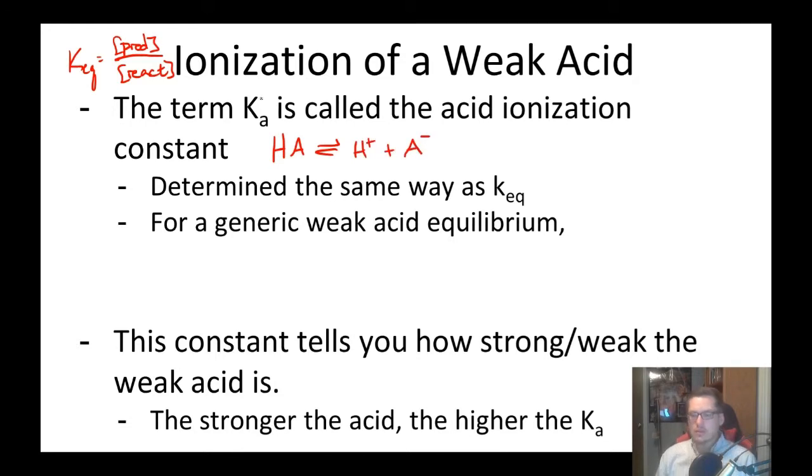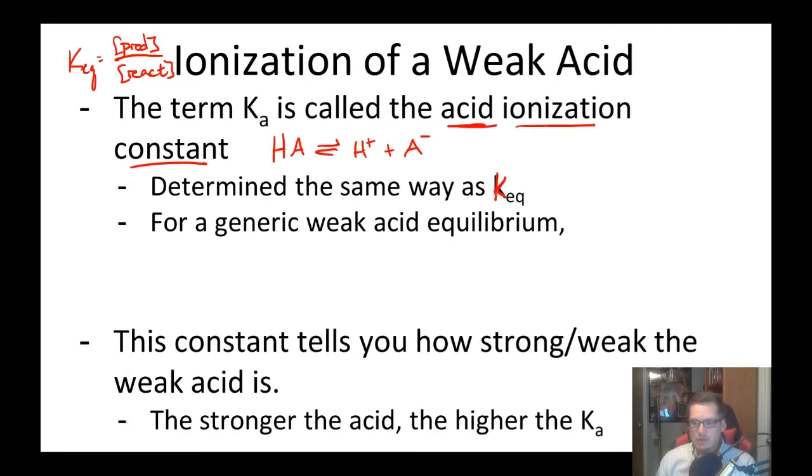Because it's for the dissociation or ionization of an acid, we call it the acid ionization constant, Ka. We determine it the same way we determined KEQ.